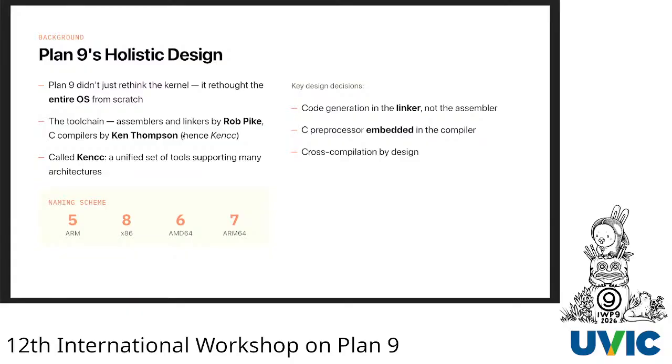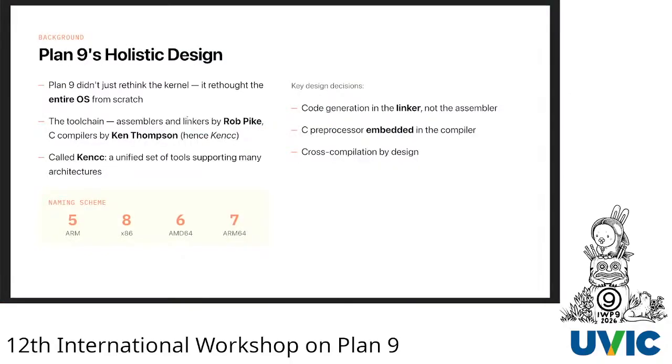ARM was the character 5, x86 was the character 8, etc. When you wanted to use the ARM compiler, you just called 5C. And 5C will produce an object file with a .5 extension. Then when you link, it produces a 5.out binary. Because of that, there was no conflict. If you were using 5C or 8C, it would produce different object files with different file name extensions. There was no file conflict. So it was very easy to cross-compile and to link for many architectures.